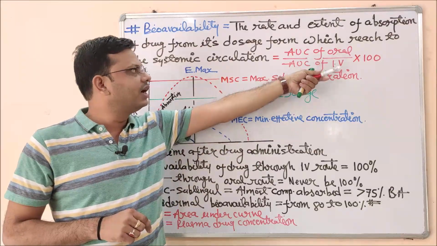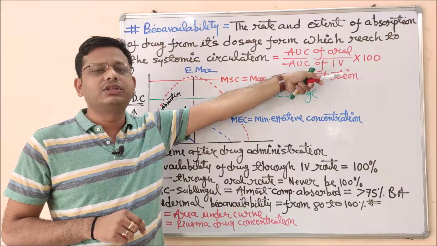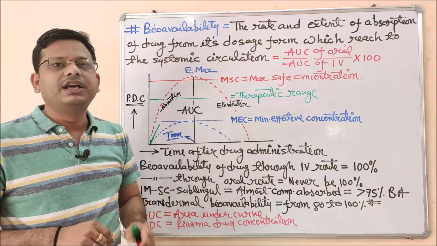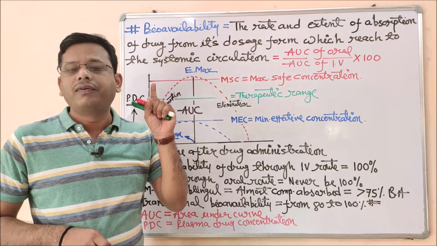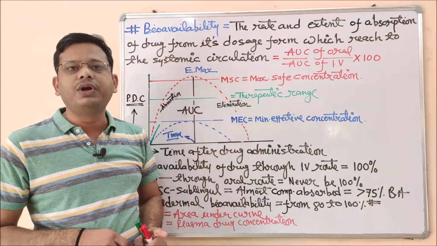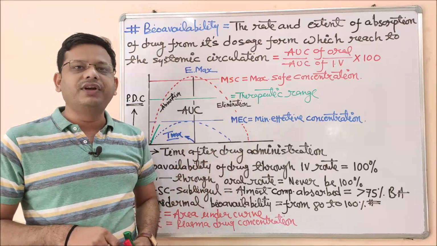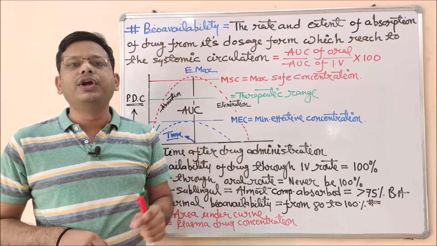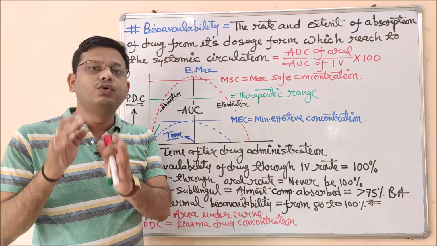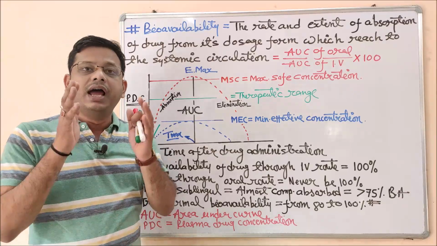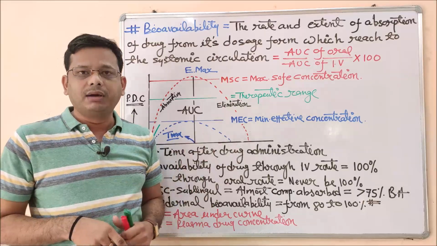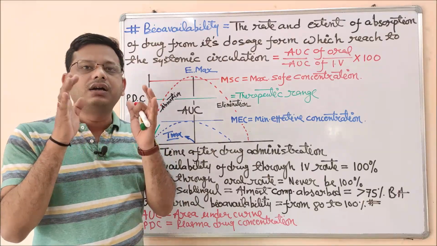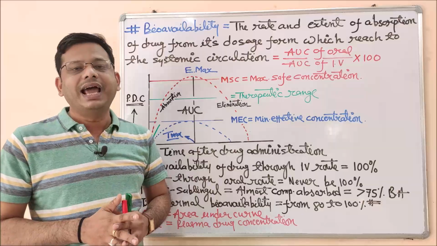So why have these two routes of drug administration been divided by each other? See, bioavailability of oral route of drug administration cannot be 100% in any situation. Why? You have seen in the previous video that any drug which is going through oral route of drug administration will go for first pass metabolism, and at the site of first pass metabolism, that is pre-systemic metabolism, we can also say, a portion of the drug will be deactivated.